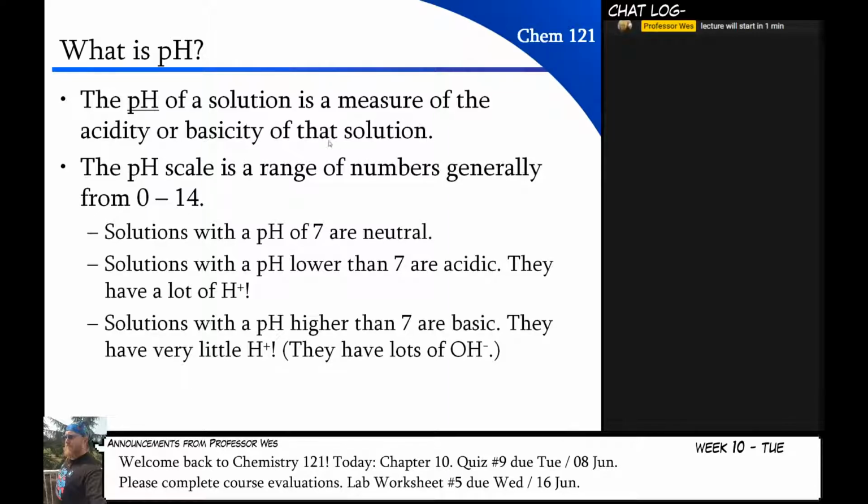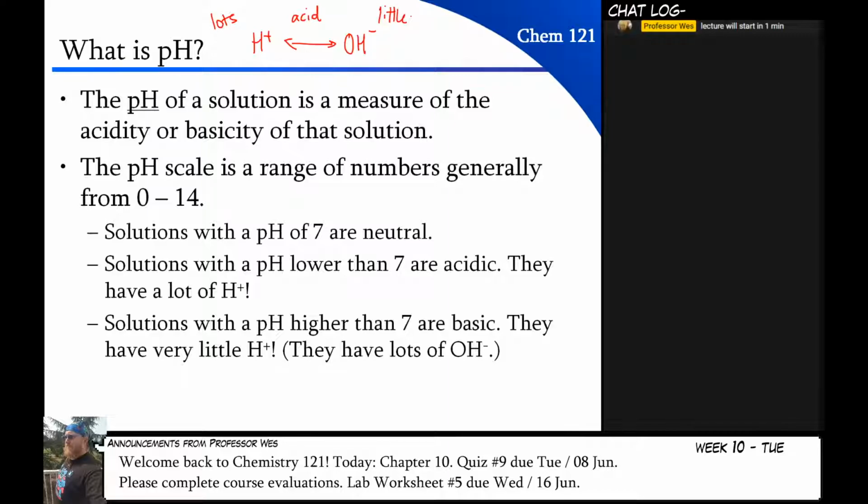Well, it turns out that these two things are related. If you have the exact same amount of both of them, you end up with a neutral solution. But if you have lots of H+ in an acid, you have very, very little of this.